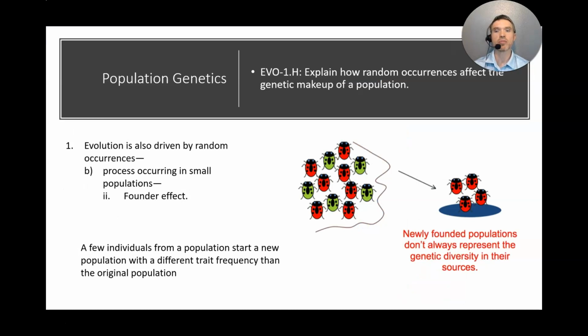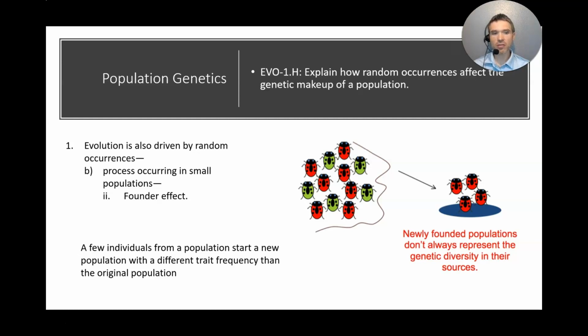The next concept is founder's effect. And once again, this influences the genetics of a small population. So in a founder's effect, you can see here that we have our original population of red beetles and green beetles. And by random chance, a group of beetles decide that they want to start a new population. By random chance, we randomly selected 4 red beetles.